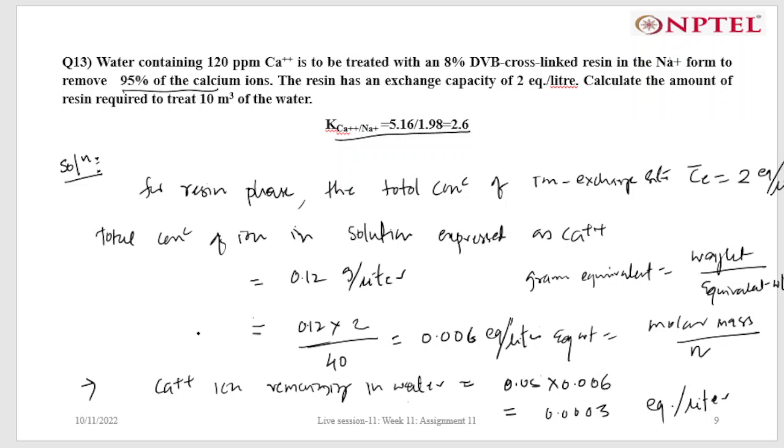This one is C, the concentration in the solution, and C bar is the concentration in the resin phase.